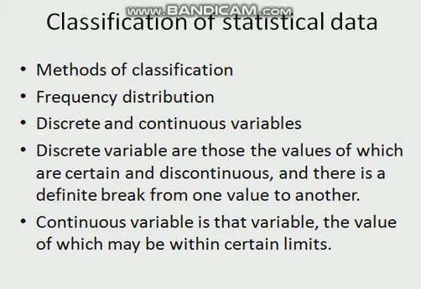Sometimes the lower limits are excluded. Now what is the inclusive method? Under this method, the lower and the upper limits both are included in that class itself. Usually there is a difference of 1 between the upper limit of a class group and the lower limit of another class group.